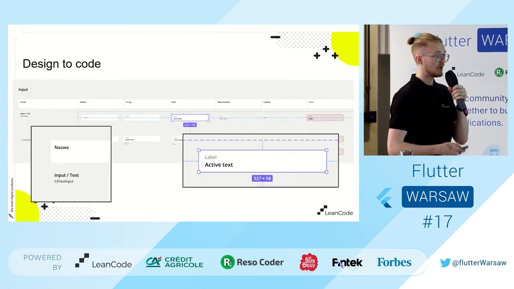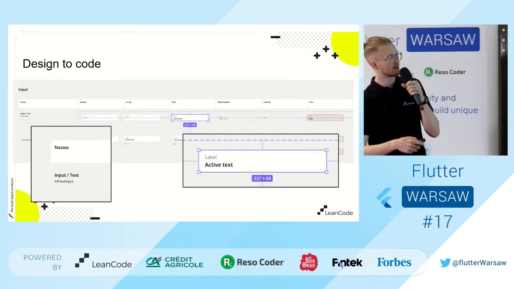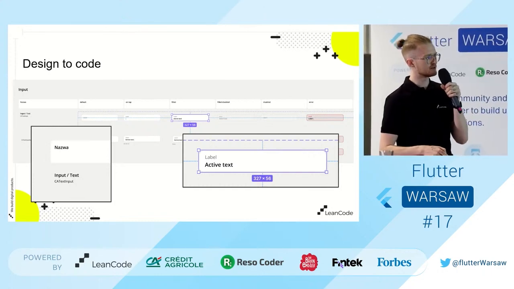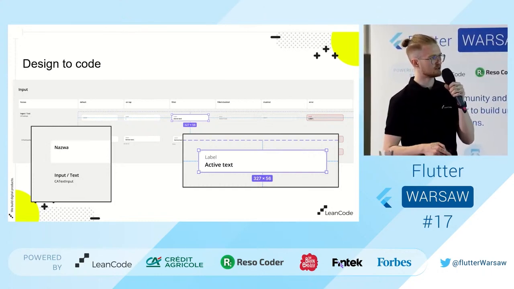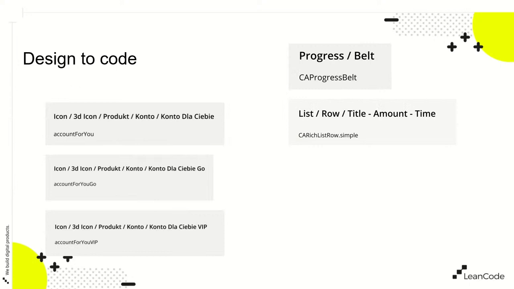When I click on it, I'm redirected to the design system file in Figma, where I have all of the variants for this input, and also the name of the component that's used in Flutter. That's how the component is named in the common UI package, and there are some more examples. This is just enum values for some icons. This is another component. This is yet another component, but using a named constructor.